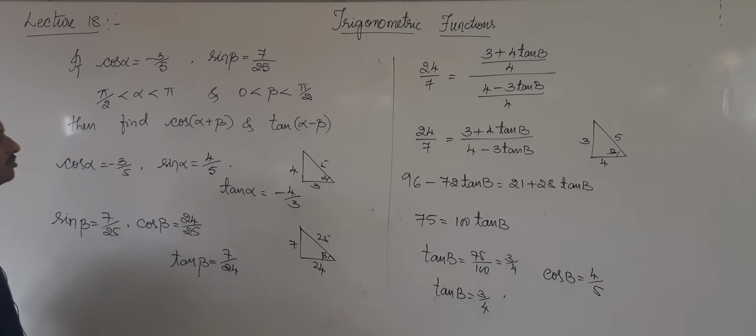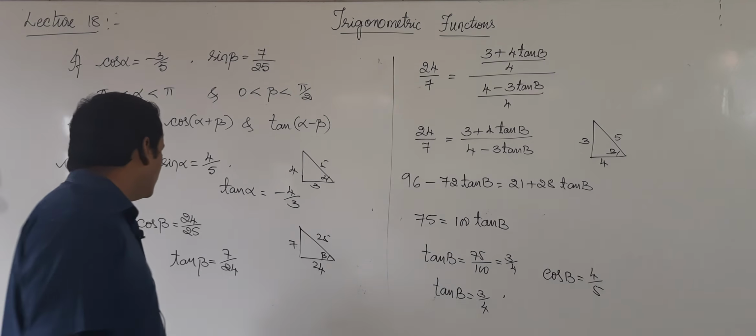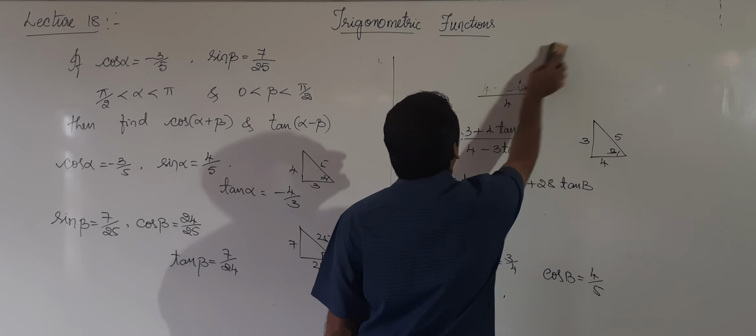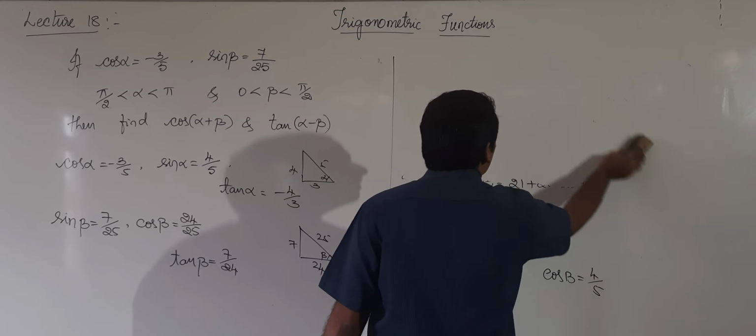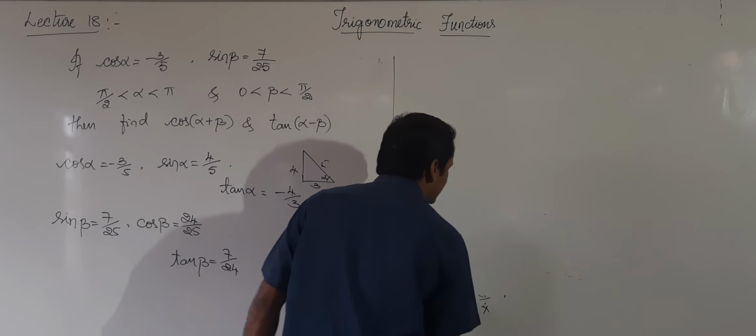Here all are positive because beta is in the first quadrant. Now, what are we asked to find? Cos alpha plus beta and tan alpha minus beta. You know the formula, you just need to substitute and get the answer. So, first thing is cos alpha plus beta.